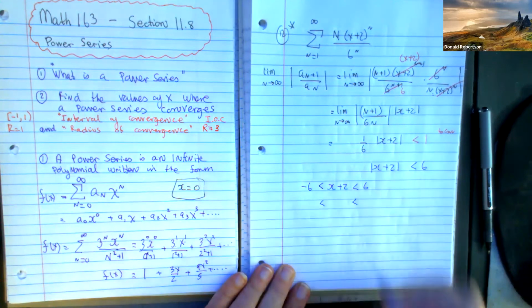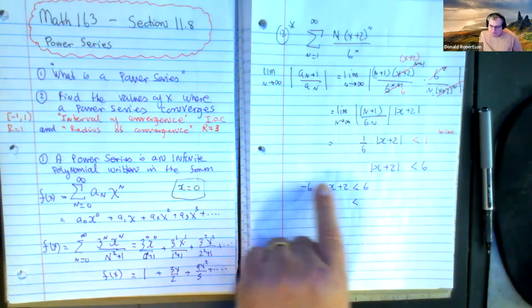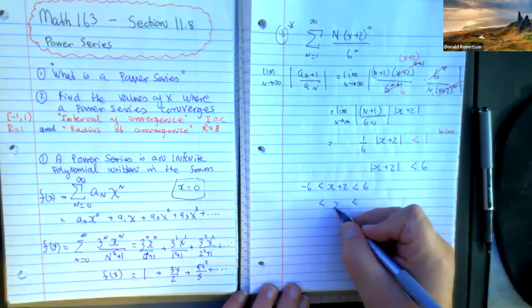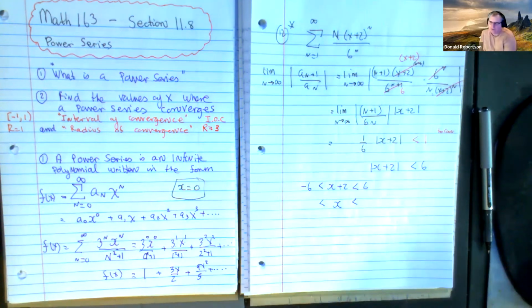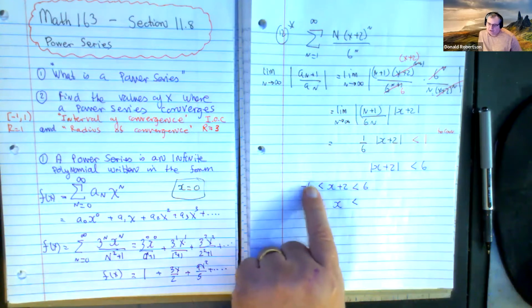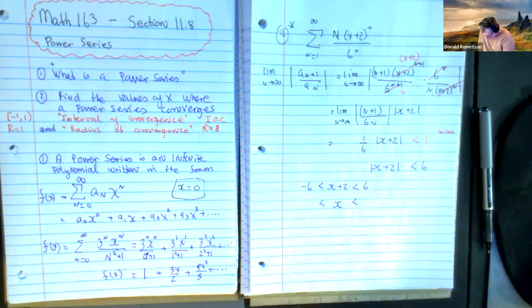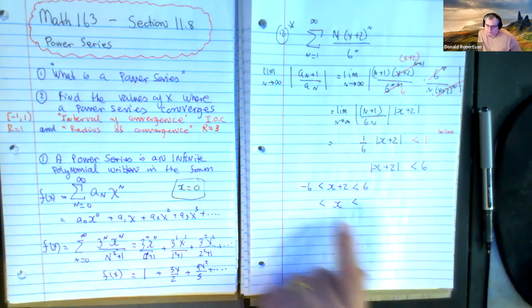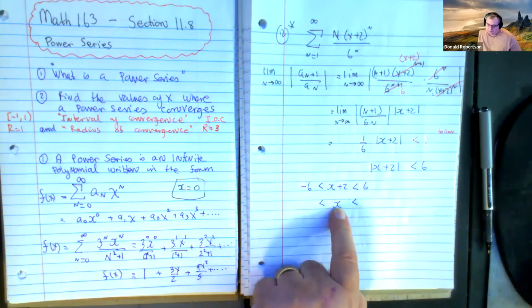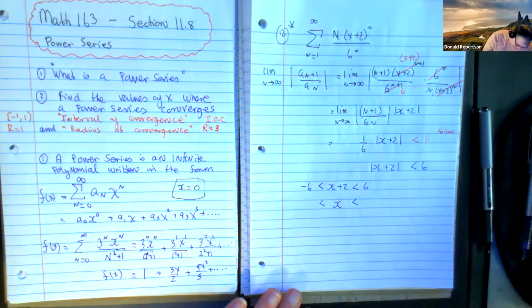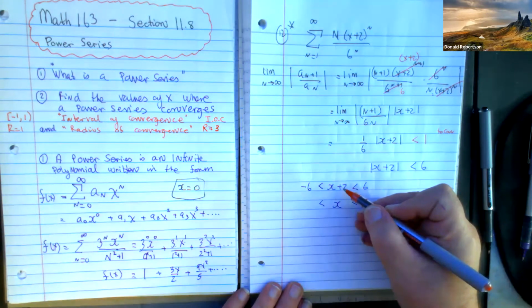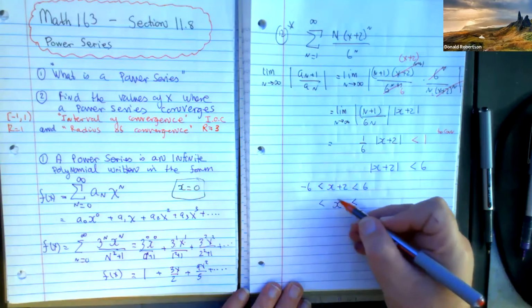What would I do to each piece to get the x on its own in the middle? Because that's kind of what we want. So what would I do to here, to here, and to here to get an x in the middle? How would you turn this fella into that guy?